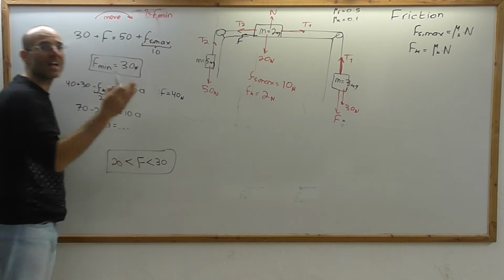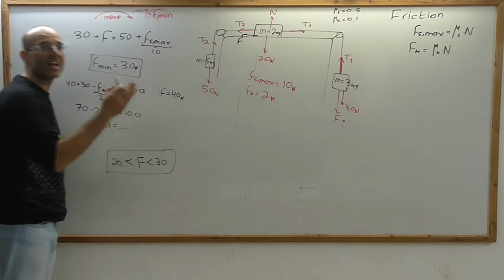Wants to move, but it won't move. For example, let's take a number from here. Let's try 23 newtons. If I apply 23 newtons, the pulling force here will be 53 in that direction.